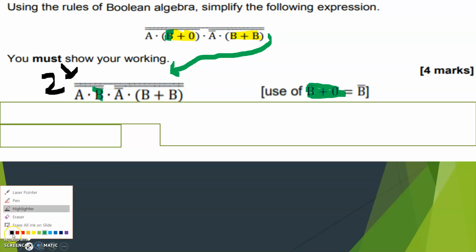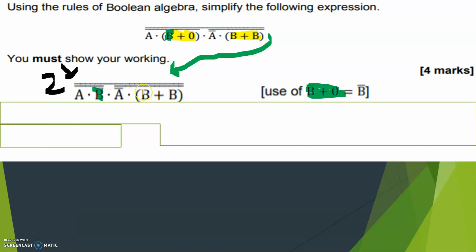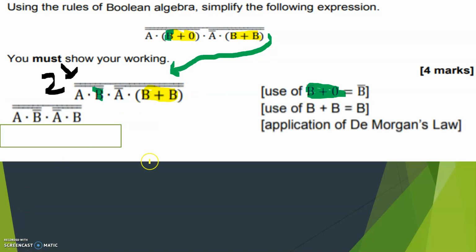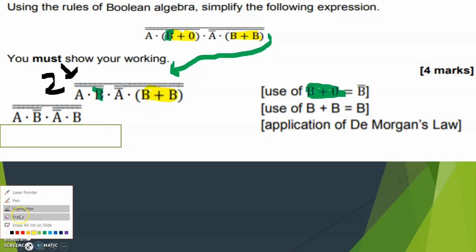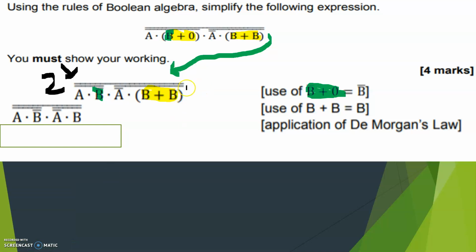You might have started on the other side. That's where we're going to go next. So next we're going to tackle the next simple rule that we can apply to this expression. Something ORed by itself is going to be itself. So if we reveal that, we can see B or B is just going to leave B, and then we have our updated equation written out to show that we've applied that successfully.